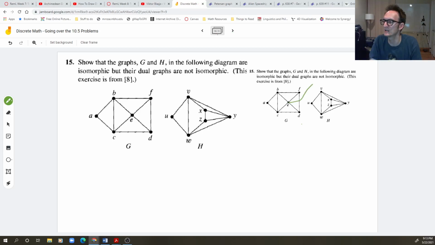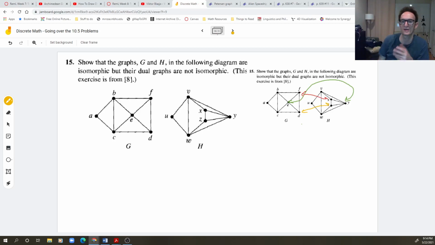This E is matched with Y, and F is matched with X, and D is matched with Z. And basically you just grab that E point, and then B is matched with V, C is matched with W, etc. Now you just grab that point E and drag it out.